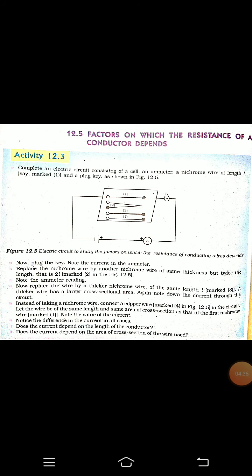And in the last case, when we used a copper wire, it also shows a different ammeter reading than the nichrome wire. From all these 4 cases, what can we conclude? We can conclude that it shows different ammeter readings. That means different electric current for different lengths of wire and for different materials.